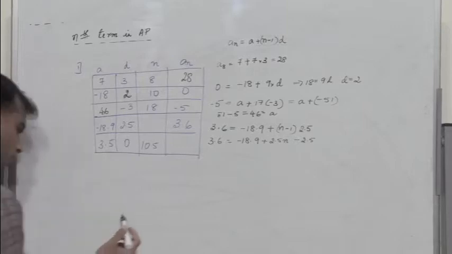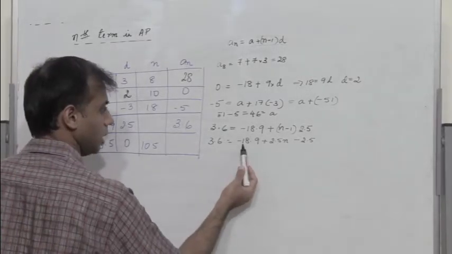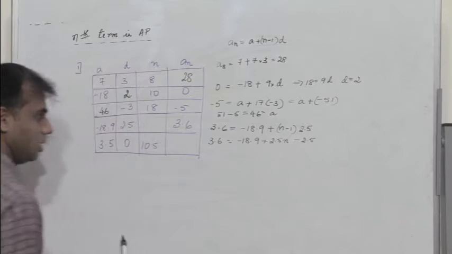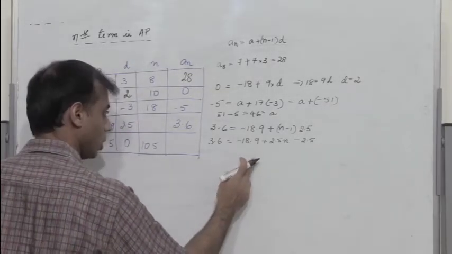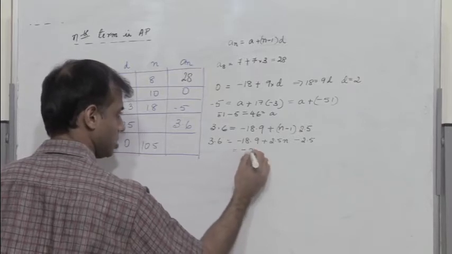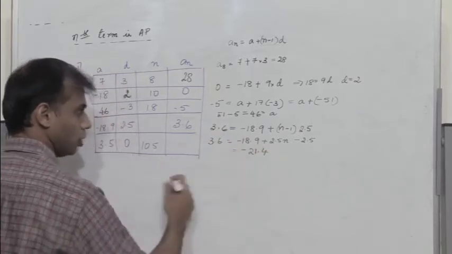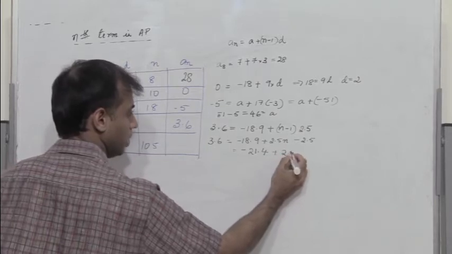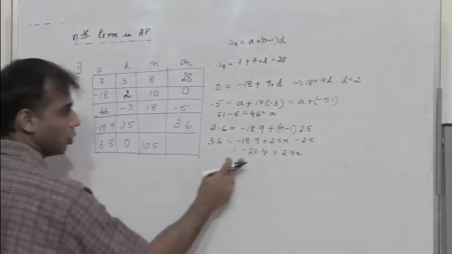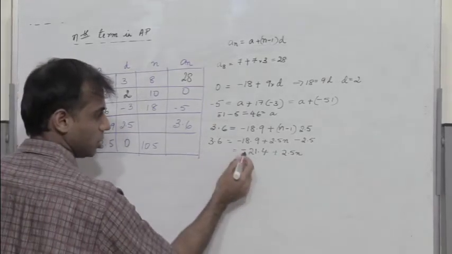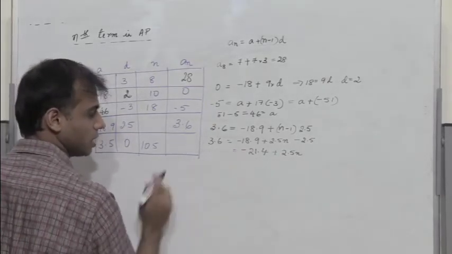Okay, so therefore we get minus 18.9 minus 2.5, which is minus 21.4, plus 2.5 N. So taking this to LHS, I get 21.4 plus 3.6, because when I bring this to LHS, this becomes positive.